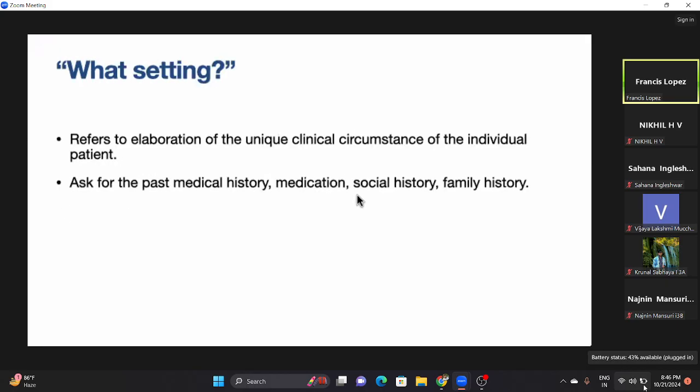And then, what setting? So this refers to the clinical circumstances of the individual. So this is where your past medical history, medication history, social and personal history, and even your family history will come in.